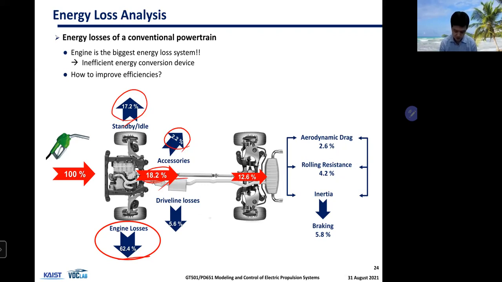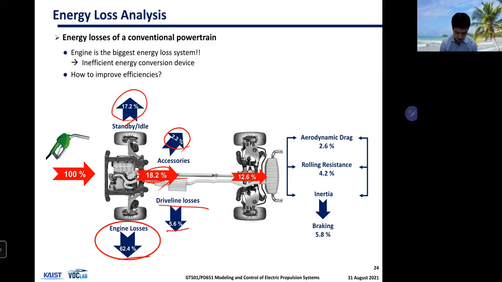Among that, you also lose 5.6% of driveline losses. There's transmission. When you transmit this power, mechanical power, to the wheel, you also lose energy. Depending on the vehicle, this number may vary, but you will have to lose some energy there.